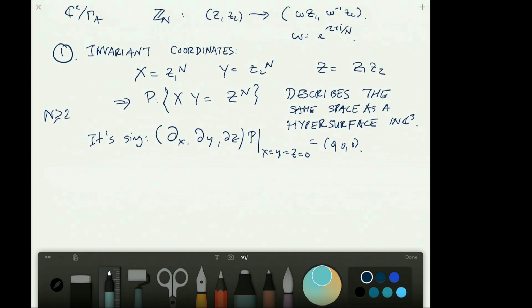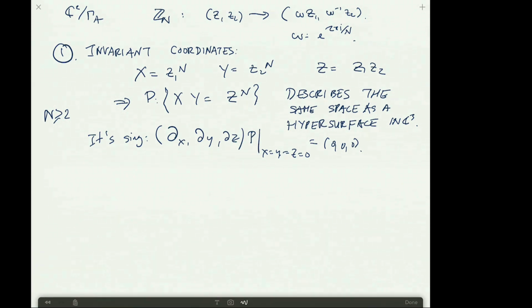So it's singular at that point. So what do we do when you have such a singularity? Well, in algebraic geometry, you say, let's eliminate that point from the space. So we actually blow up the space. So the second step is to blow up the singular point.